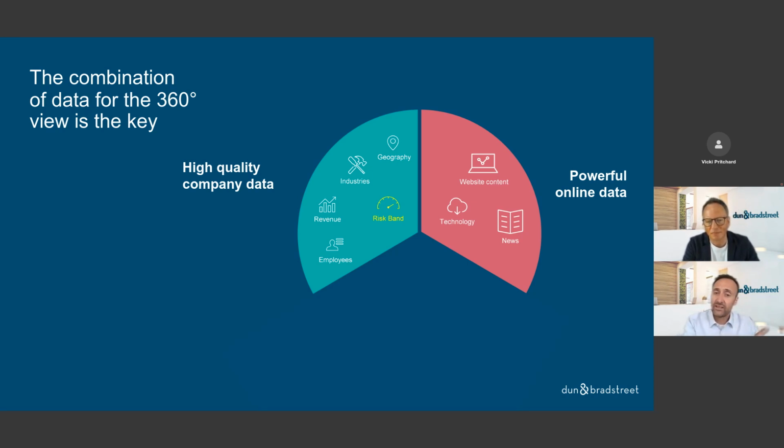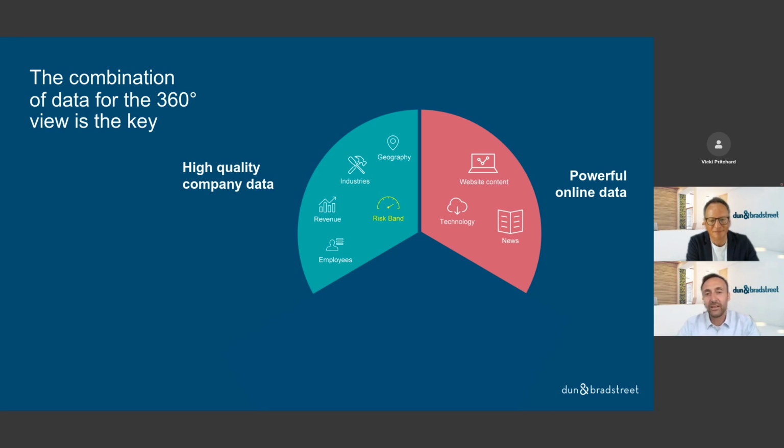So on the one hand side, it's good to know, let's say, the industries, and I will give an example in a couple of seconds that industries are nice to know, but don't say exactly what companies are really doing, are really producing, are really serving their clients. And this will combine with the online data, which gives you the total picture, the so-called 360-degree view.